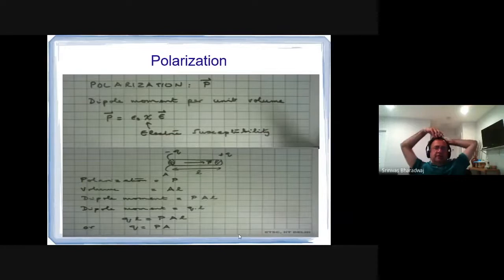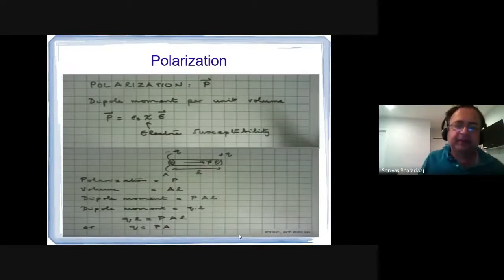So polarization corresponds to dipole moment per unit volume in some ways. P times A times L gives you the dipole moment for the dielectric. So QL will equal P times A times L, or Q is equal to P times A.